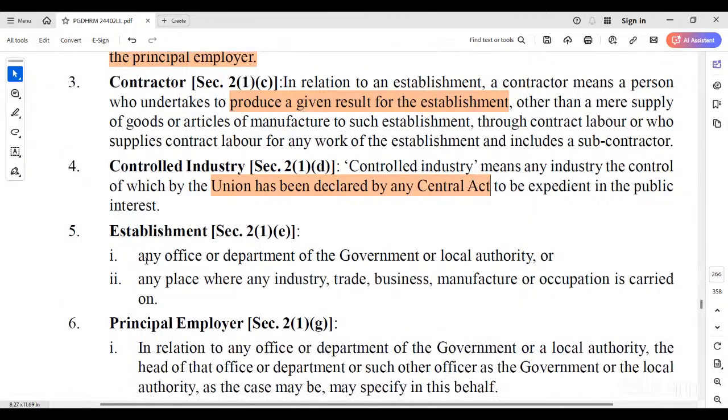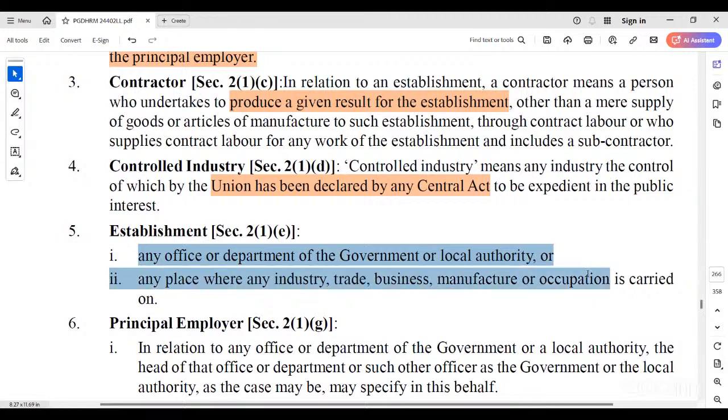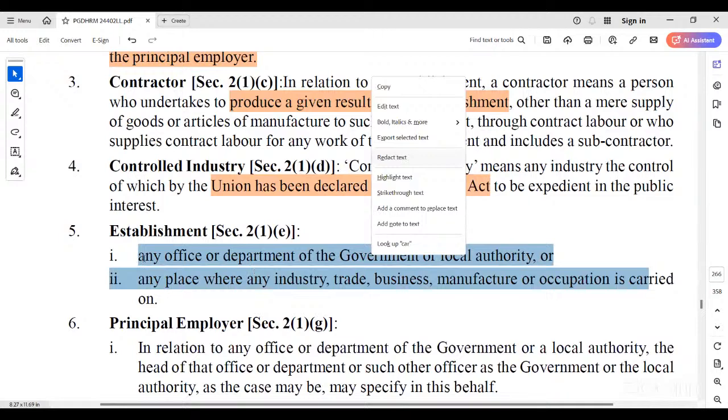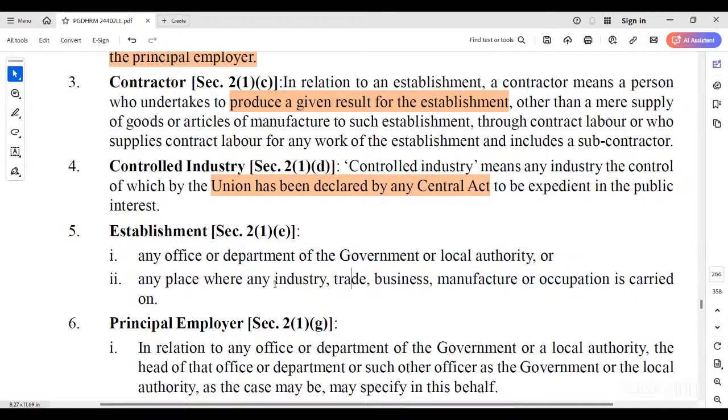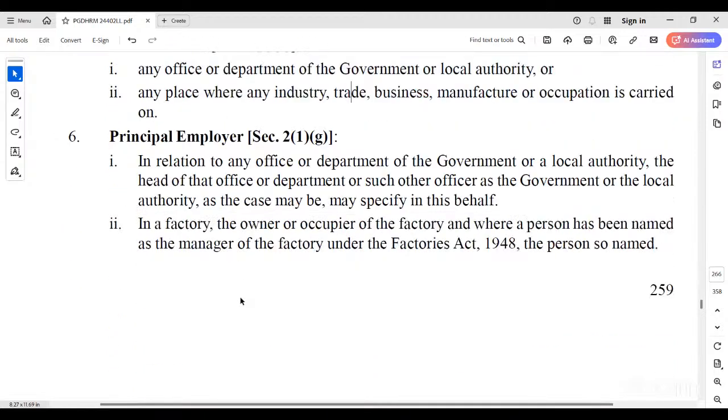So establishments: the companies, whatever organizations or institutions there are, are under establishments. Any office of the government or local authority or any place of trade is all covered. So principal employer in relation to any office or department of the government or local authority is the head of that office, right?